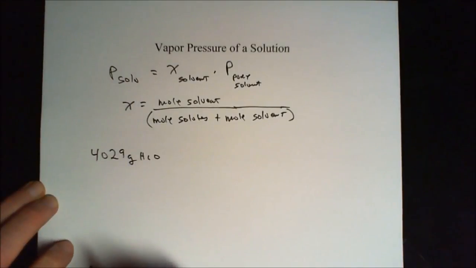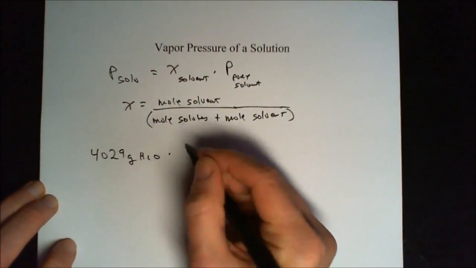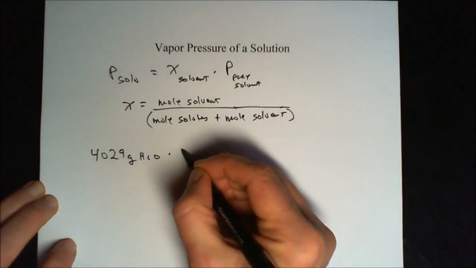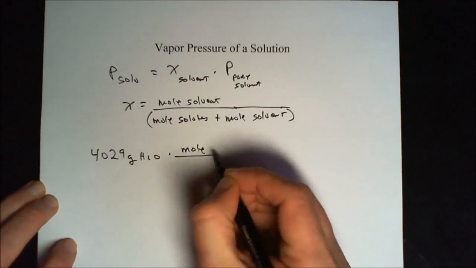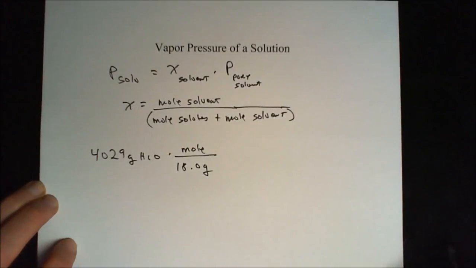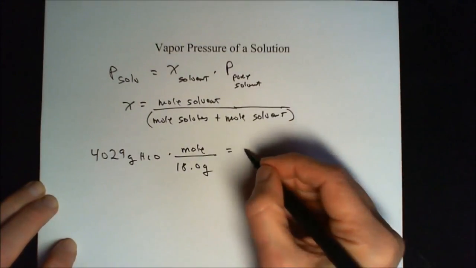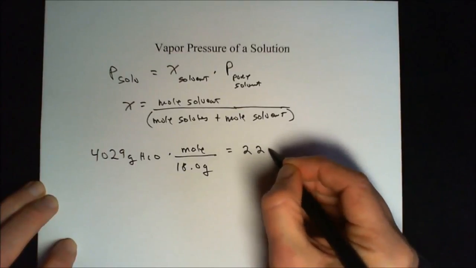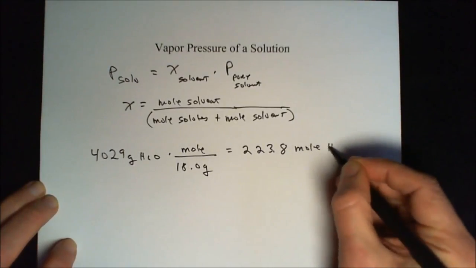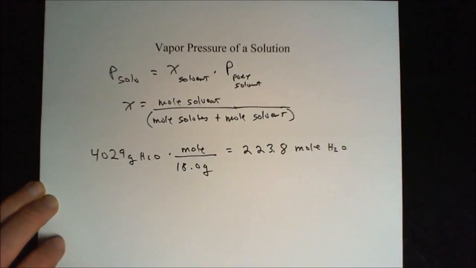That's the mass of the water. And the molecular weight of water is 18.0 grams per mole, so we multiply times moles over 18.0 grams per mole of water. And we get for this mass of water 223.8 moles of water, H2O.